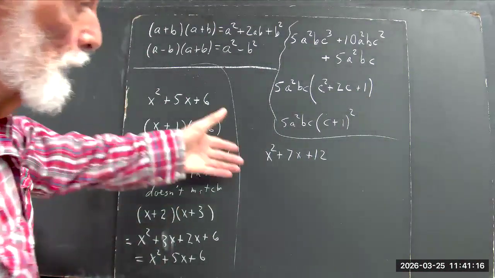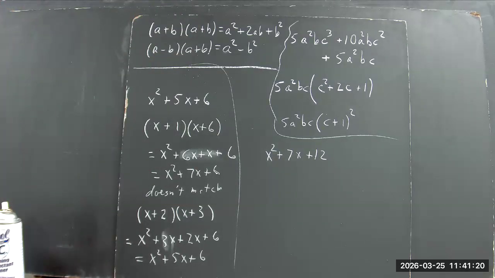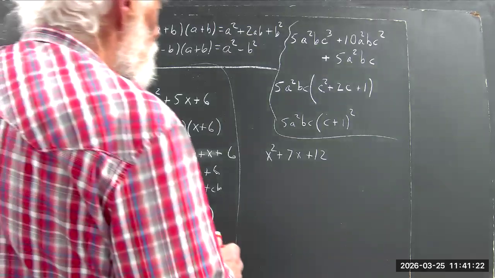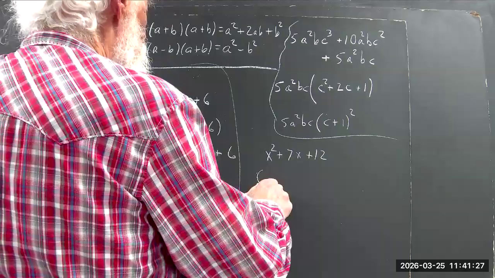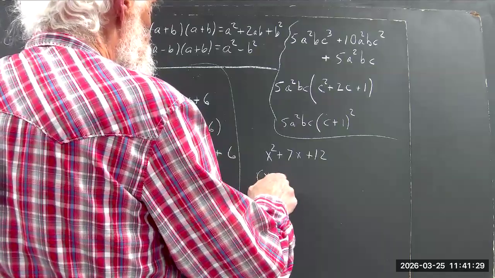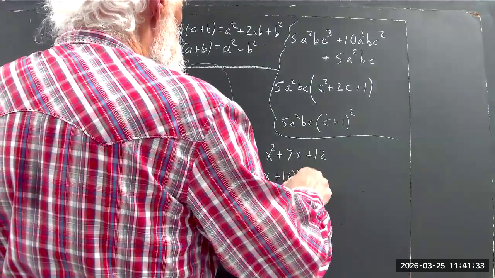Okay, now everybody got this by one of a variety of methods. One method is trial and error. Okay, what are our options? We could do (x + 12) times (x + 1).